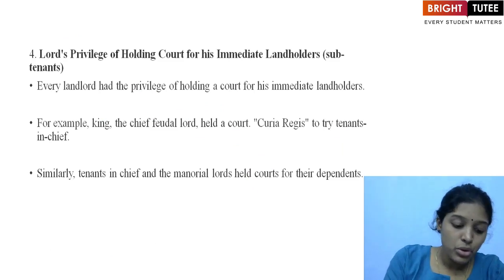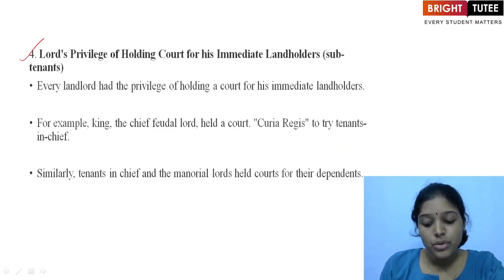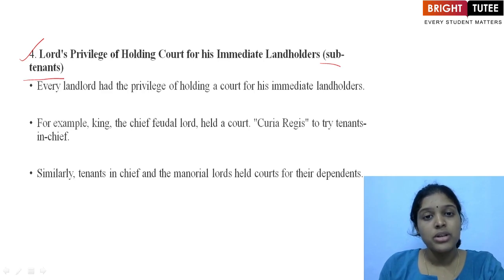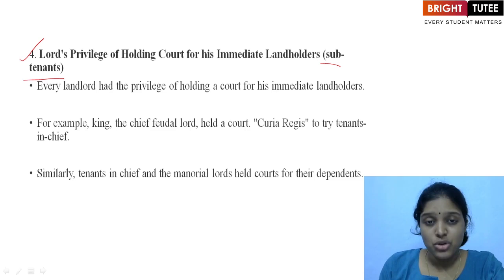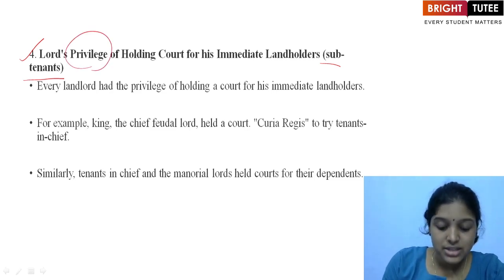Now we come to the fourth feature of feudalism, that is the lord's privilege of holding court for his immediate landholders or subtenants. Whoever the lord or the landholder is, he had a privilege or a special right. The privilege is special rights.